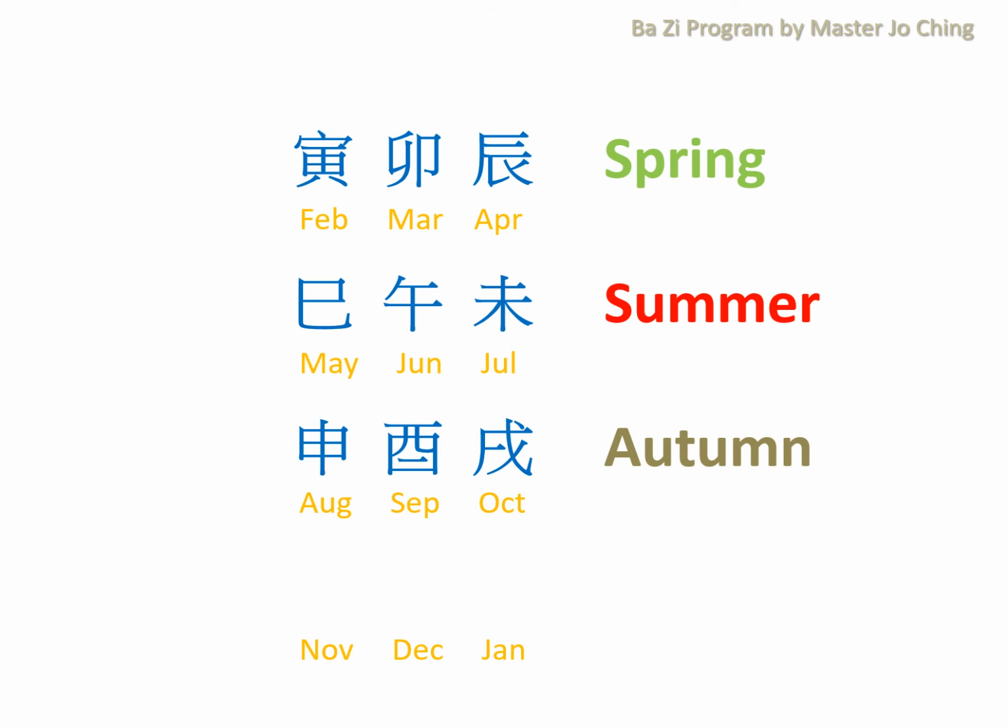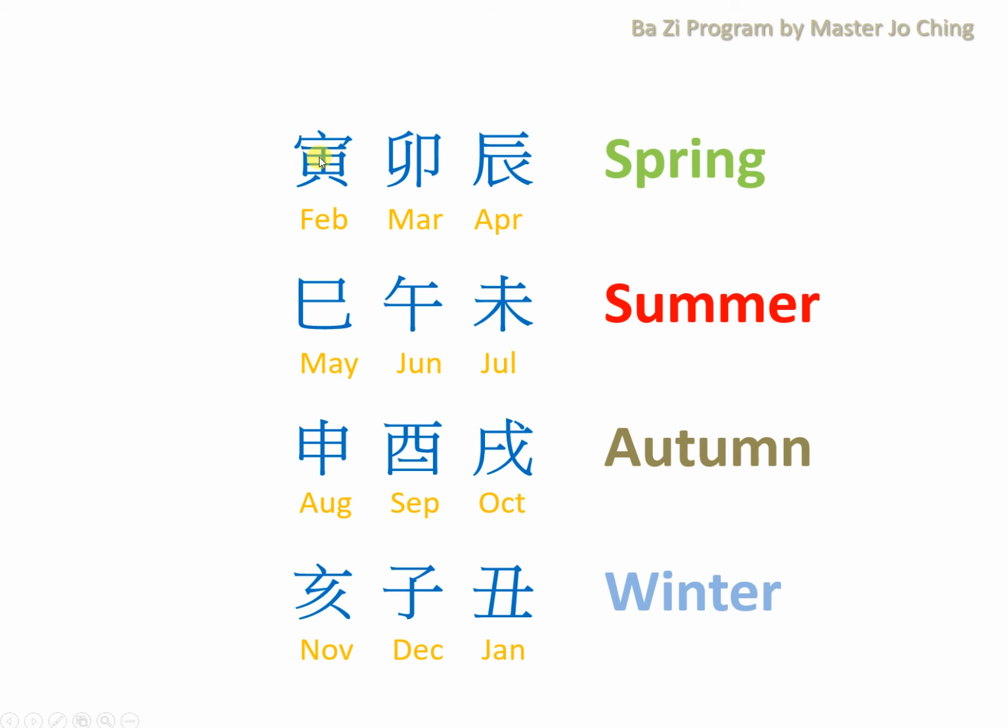Next, we have 申酉戌, the autumn season, August, September, October, ruled by metal energy. Then the last season is winter, 亥子丑, ruled by water qi or water energy.